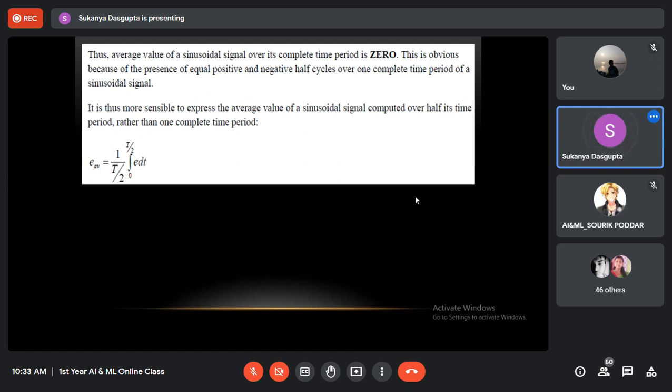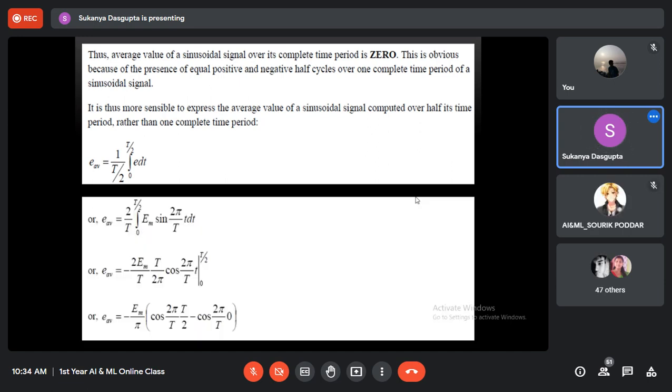In order to avoid this average value equal to 0, we'll consider only the positive half cycle for the calculation of this E average. Fine. Just to avoid the 0 average value, because sometimes we need average value calculation for a sinusoidal voltage.